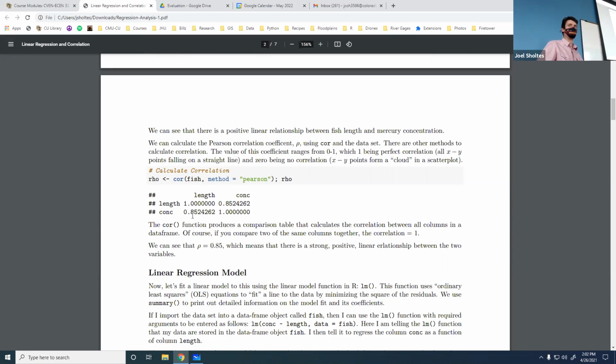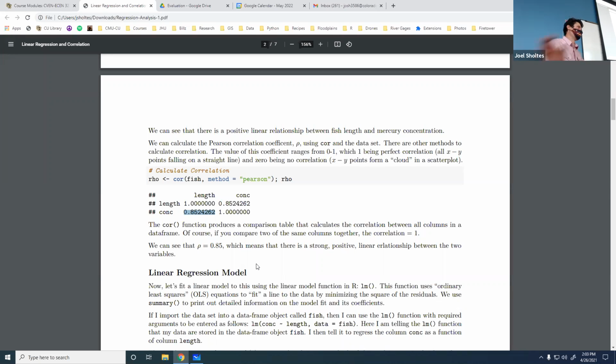In this case, there are only 2 variables, so it says the length correlation with itself is 1, it's perfect. Correlation of 1 is a perfect positive fit. Correlation of -1 is a perfect negative fit. We'll get into correlation in our next lecture. And then the correlation between concentration and length is 0.85. We can interpret that in a little bit, but clearly it's a relatively strong correlation. It's close to 1.